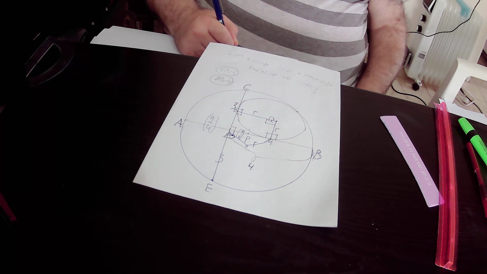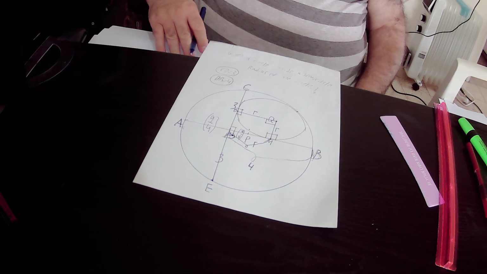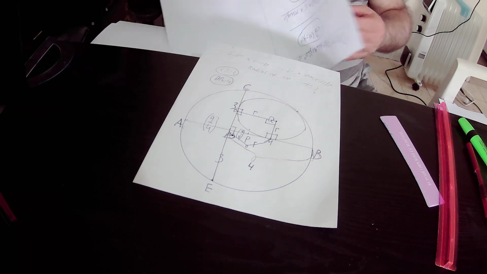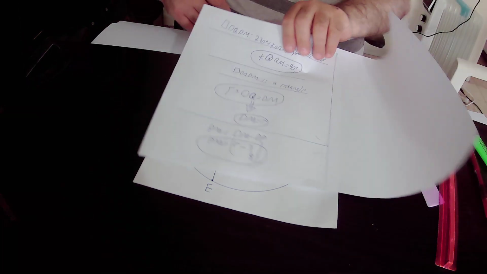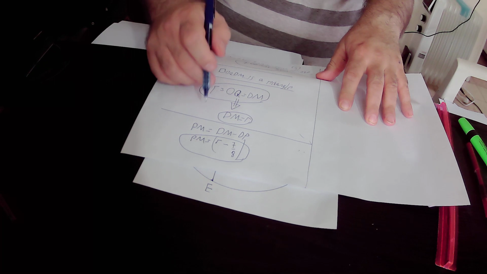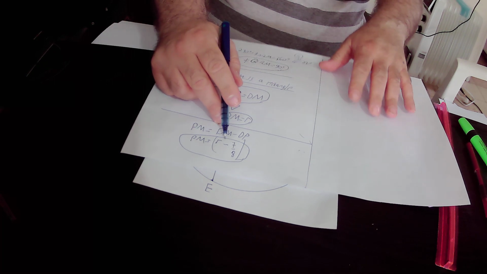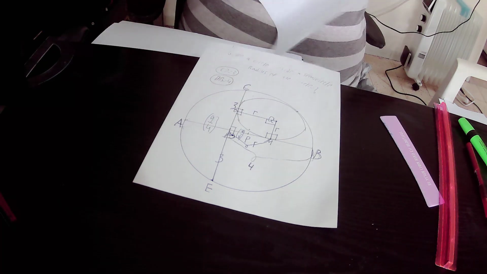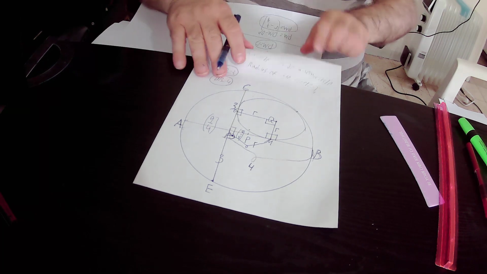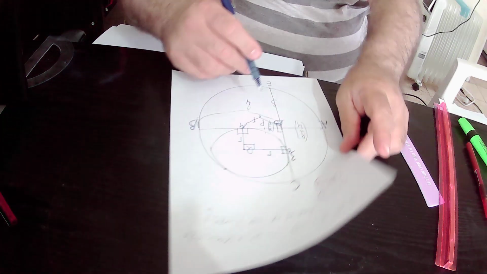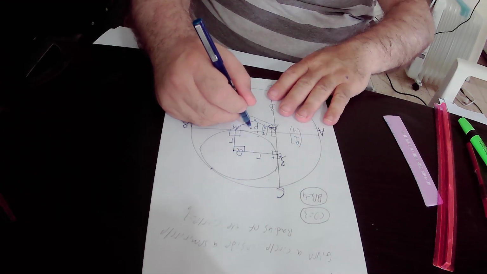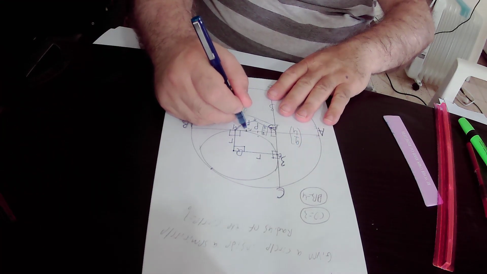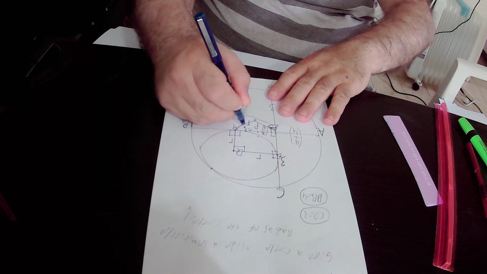So in conclusion, we found out that PM equals small r minus 7/8. So we can write here that PM equals small r minus 7/8. Okay.